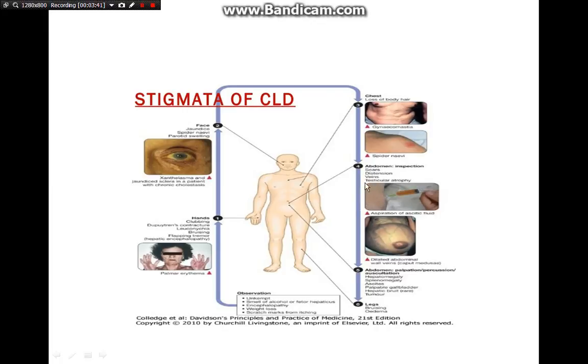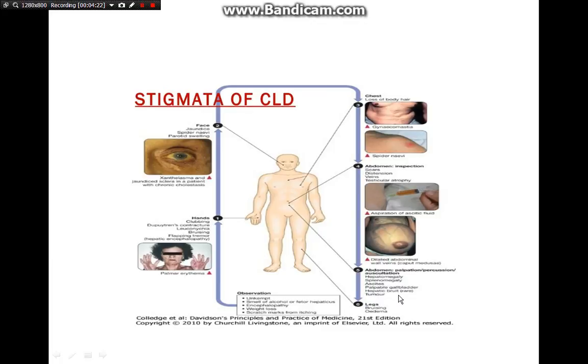Another finding you can notice is that there can be a scar, and in this abdomen here you can notice quite prominent abdominal distension, and also quite prominent veins you can see here, and the umbilicus is also everted, what we call caput medusa. Other findings, when you palpate the abdomen, you can find that there can be hepatomegaly, splenomegaly. Also on percussion, there is a shifting dullness. It is a sign of the ascites.